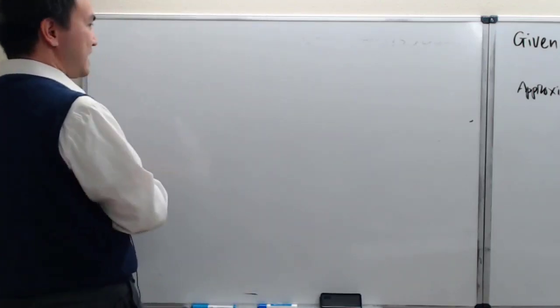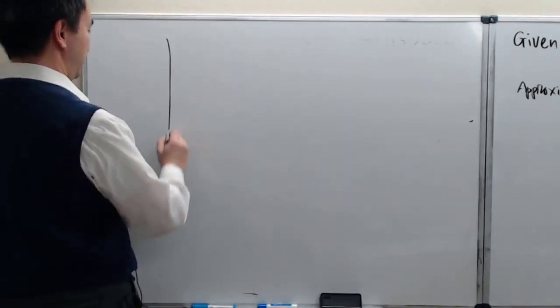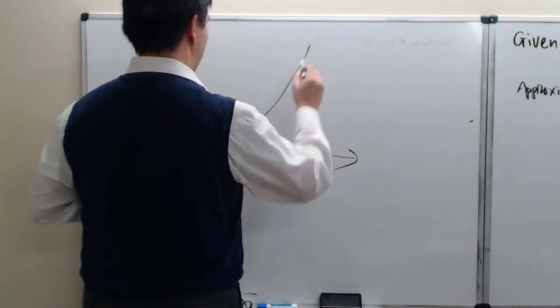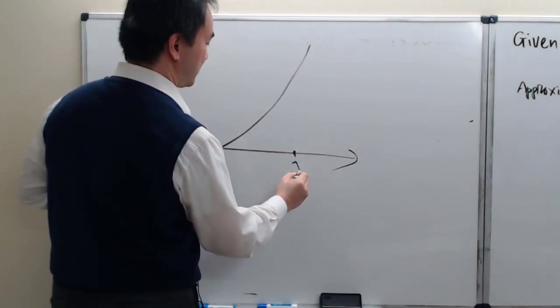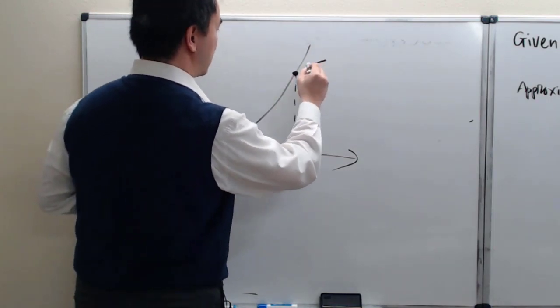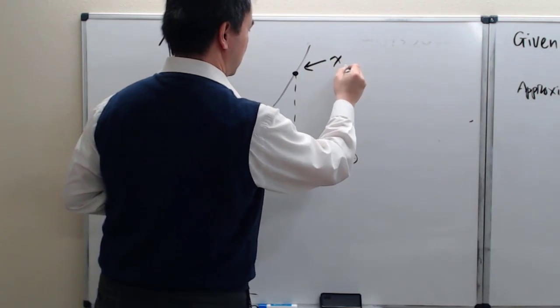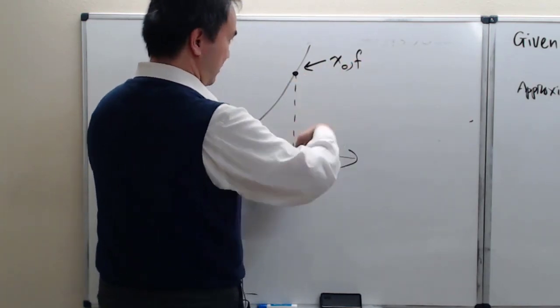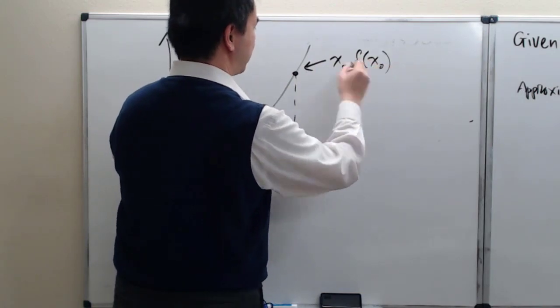All right, with that sketch that everyone has already seen on the computer screen, with a graph like that, we pick some x sub 0. This point right there is generally x sub 0 as the x coordinate, and the height, how high that is, is f of x sub 0.